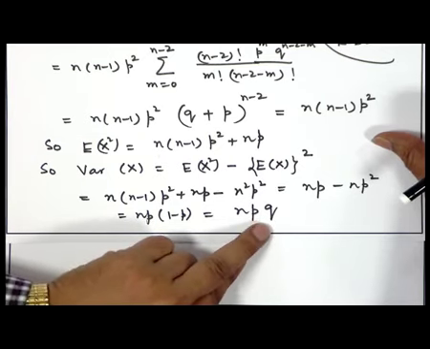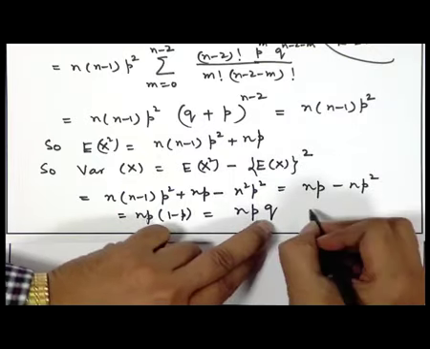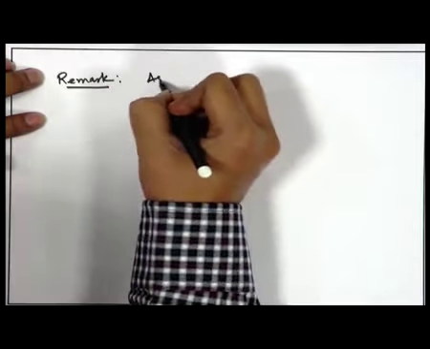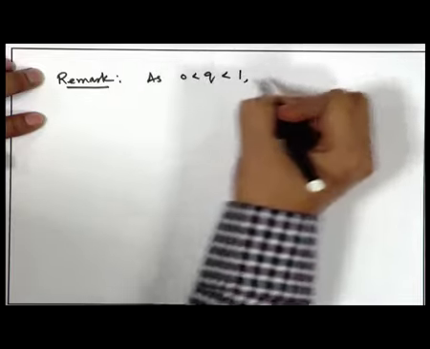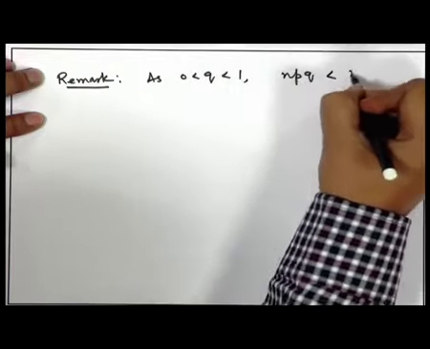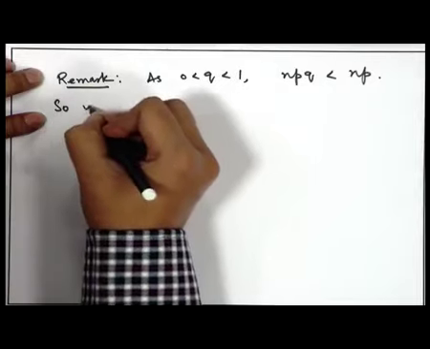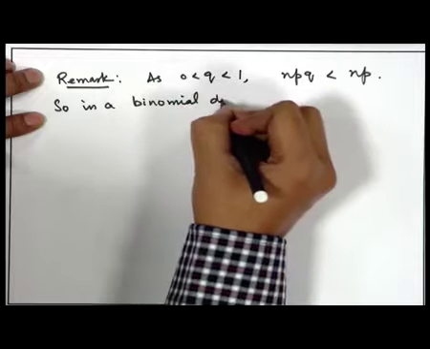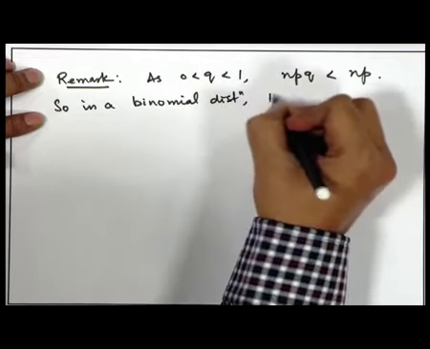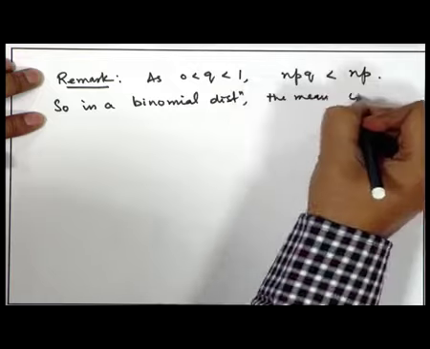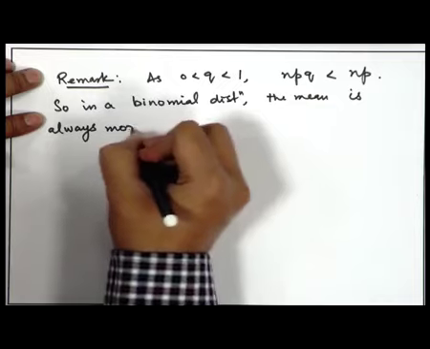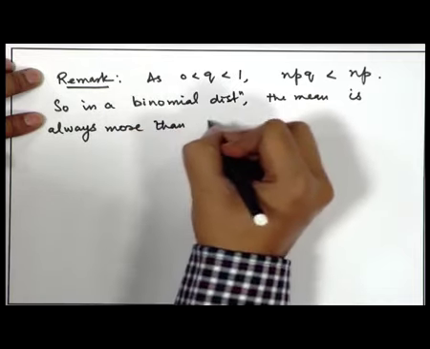So, npq will always be less than np. So, you can actually make a statement here: as q is between 0 and 1, npq is less than np. So, in a binomial distribution, the mean is always more than the variance.